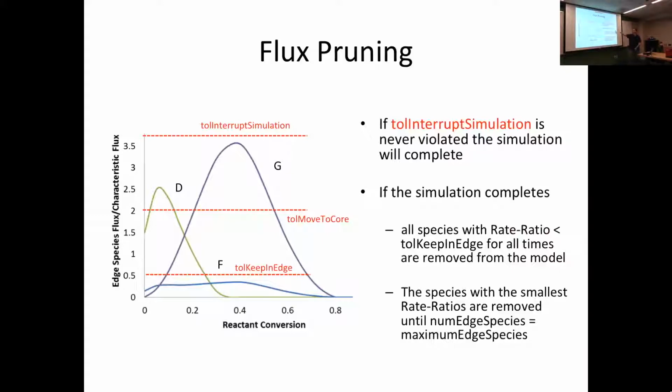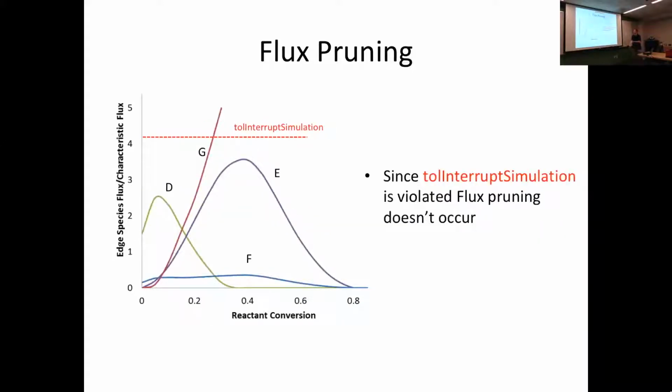However, this only happens if the model isn't interrupted while it's simulating. In the situation where a species goes above the interrupt tolerance, RMG gets to here and it stops. Since it didn't complete the simulation, it doesn't do any flux pruning, and when it finishes, the edge size may be larger than the maximum number of edge species.